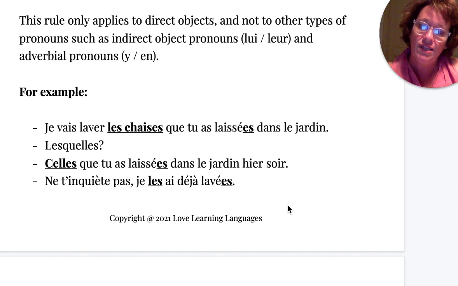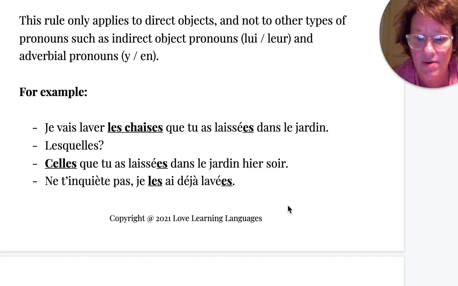So look what I do to laver. Je les ai déjà lavés, add an ES. So that's because I have a preceding direct object pronoun in this case. You recognize les as a direct object pronoun, right? Je les ai déjà lavés. Don't worry, I have already washed them.